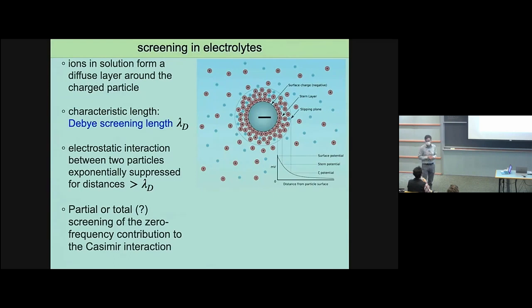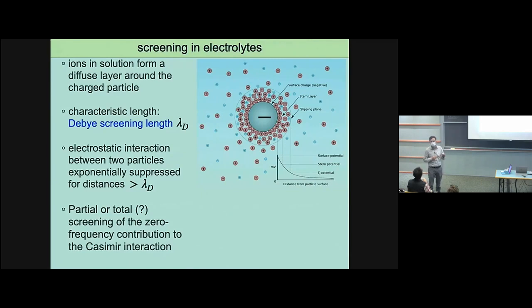However, there is one important point to think about, which is the fact that the characteristic response of the ions is very slow compared to the positive Matsubara frequencies. And this is determined by the plasma frequency of the ions, which is very, very small compared to kBT over h bar. So only the zero frequency is going to be changed by the presence of the ions.